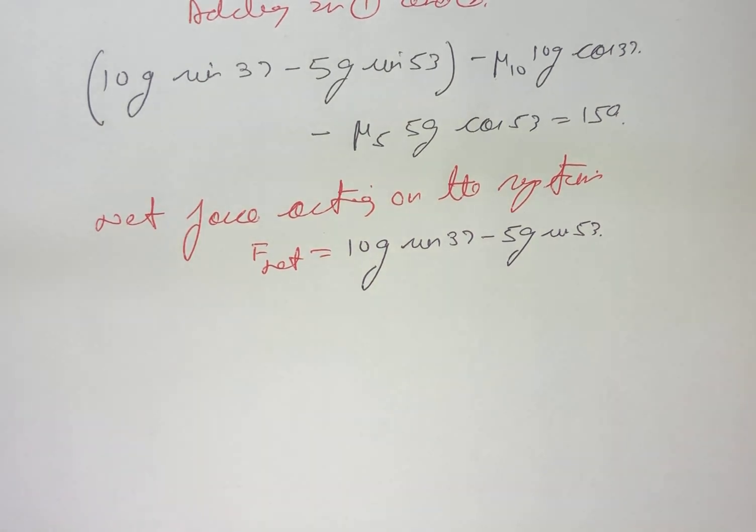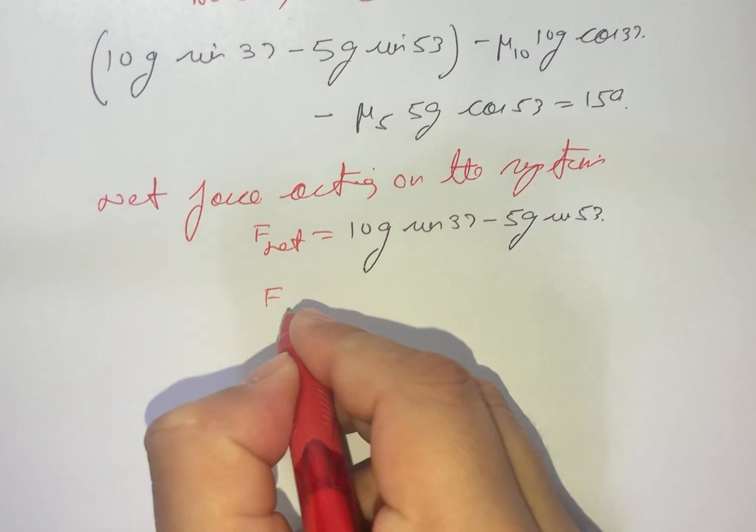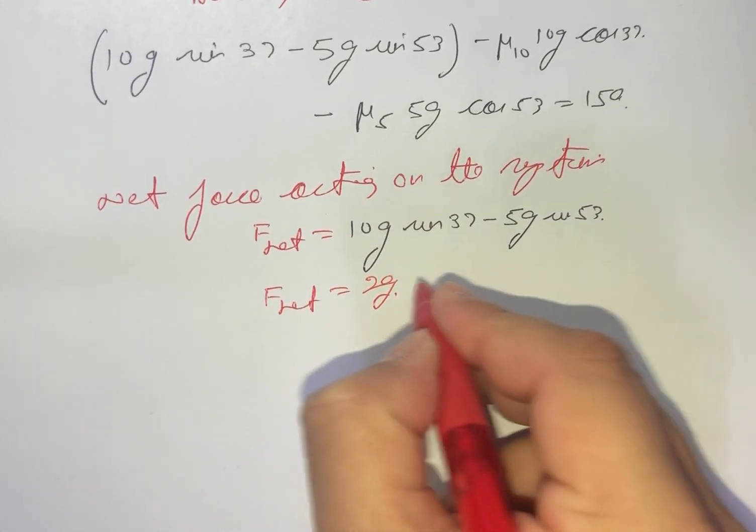So this gives F net equal to 2g, or we can say 20 Newton.